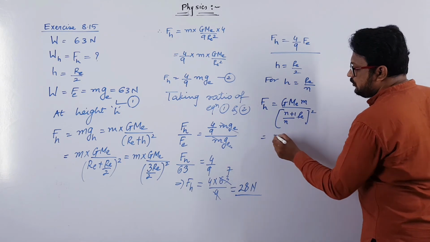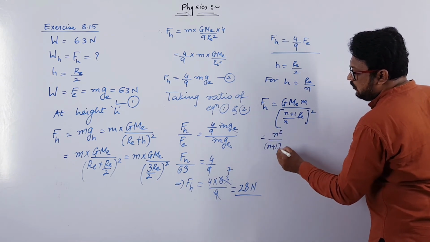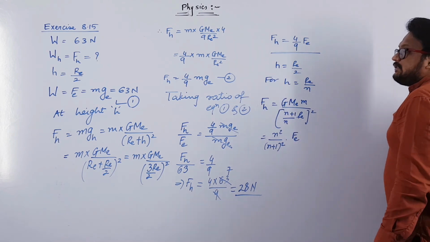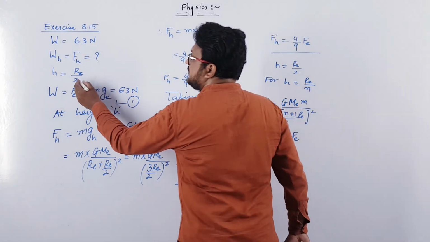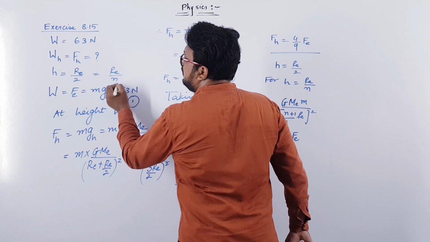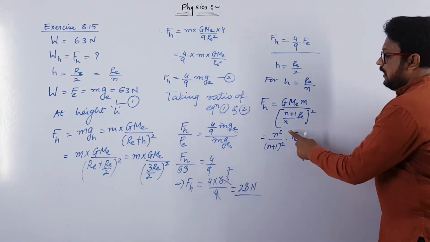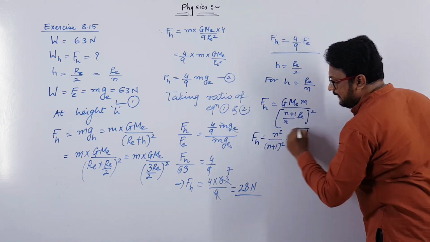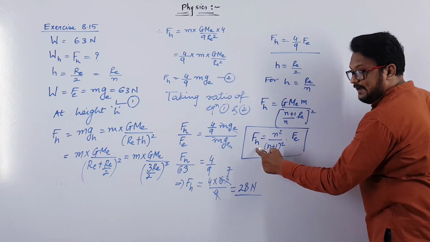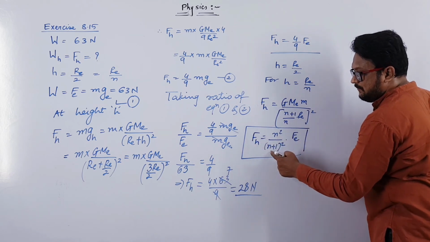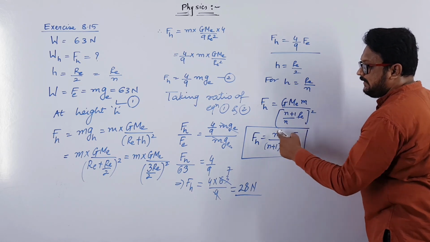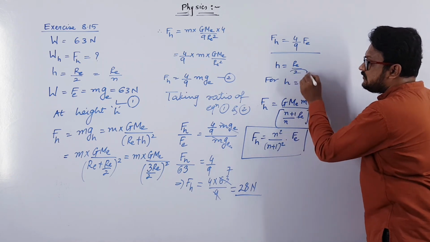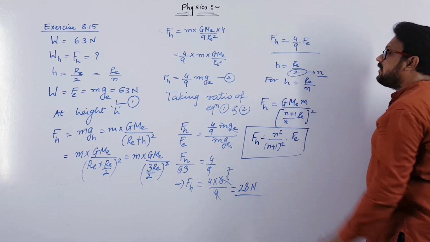So this will be equal to n square over (n plus 1) whole square into F_E. Here n is 2. You can see we have written Re by n. So n is 2. So 2 square will be 4 and 2 plus 1, 3 square is 9. So 4 by 9. So this will be a standard equation for solving MCQs. Force at some height h will be equal to n square upon (n plus 1) whole square into F_E, where n is what we take in Re by n. This is our n.